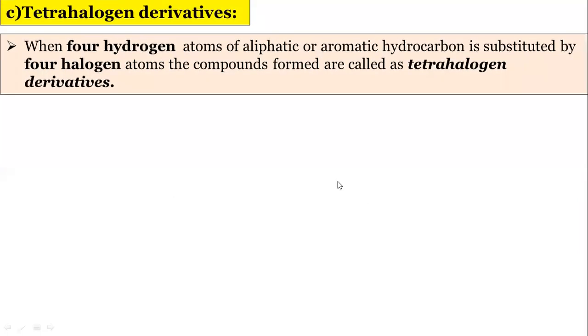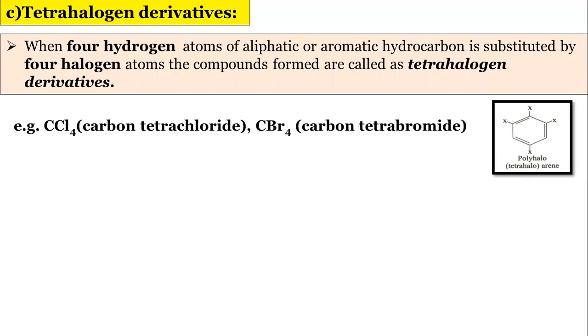Then the tetrahalogen derivatives. In this, 4 hydrogen atoms of aliphatic or aromatic hydrocarbons are substituted by 4 halogens, and the compounds are called tetrahalogen derivatives. See this example, CCl4. All 4 hydrogens of methane are replaced with chlorine here, and in this all 4 hydrogens are replaced with bromine. The names are carbon tetrachloride and carbon tetrabromide.